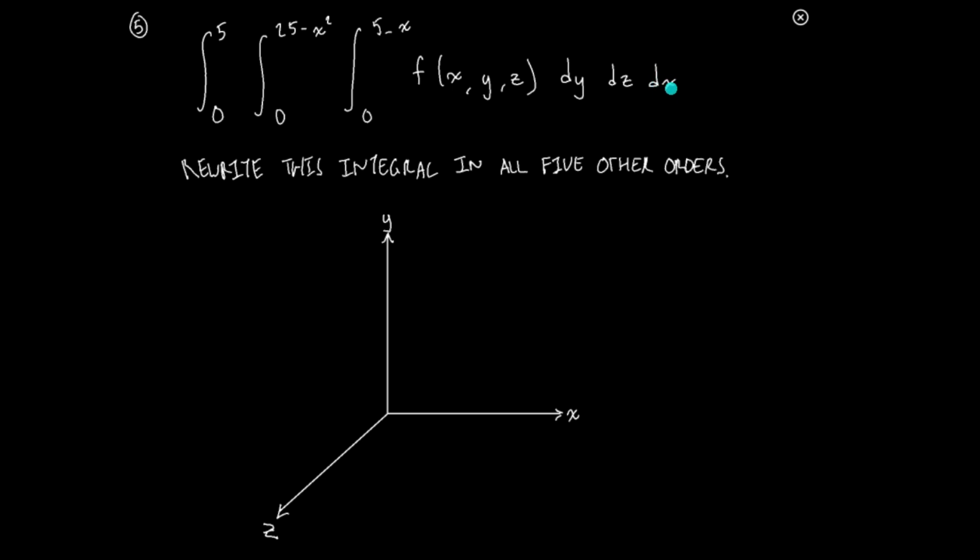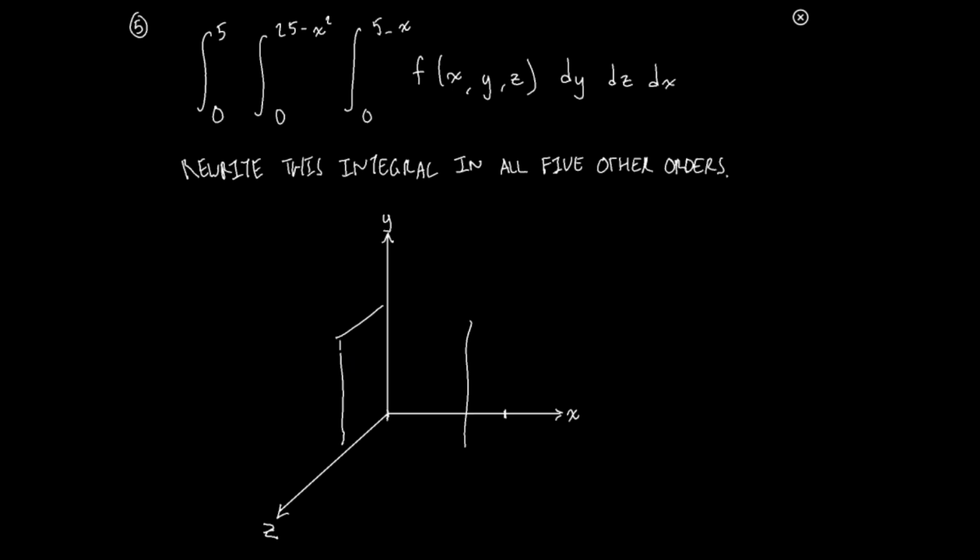So the limits for dx are from 0 to 5. Let's go ahead and graph that. Say x equals 0 to x equals 5, right? These limitations are planar.